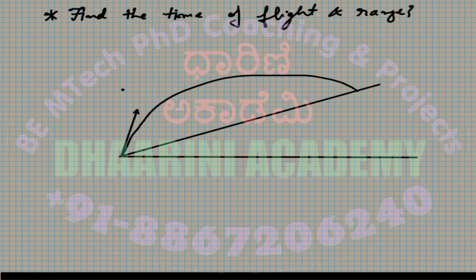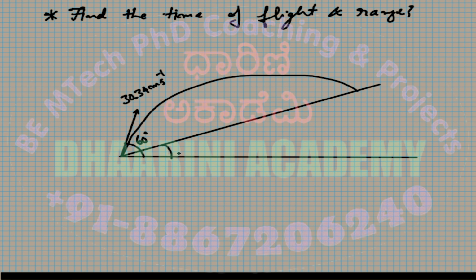Okay, so this is 30.34 meter per second. This is 60 degrees.